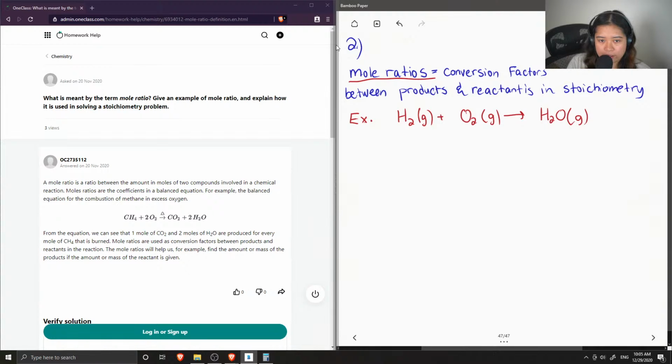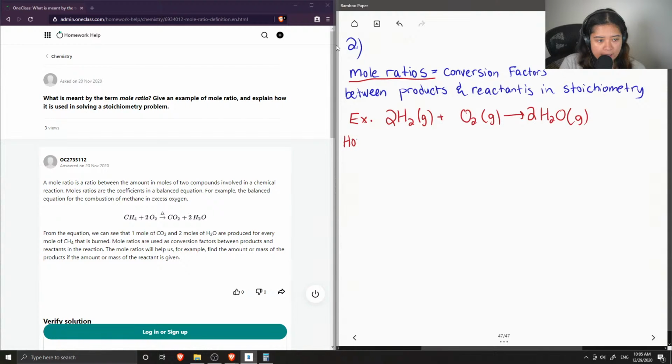So I'm going to write a 2 in front of H2O. And then next, you'll notice that there are now 4 hydrogens on our product side and only 2 in our reactant side. So I will put another coefficient of 2 in front of H2. Okay, so now everything is balanced.